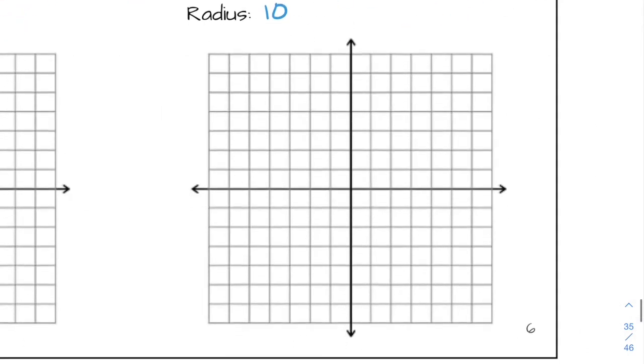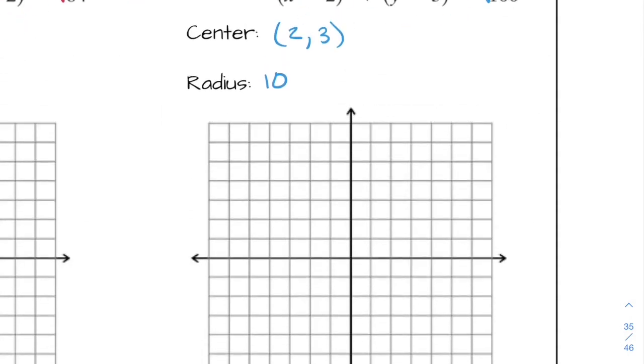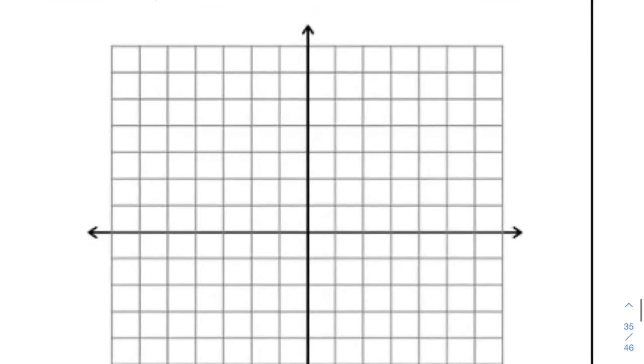For both of these, I'm going to count by 2's because I think I'll be able to fit a radius of 10, because that will really go 5 units. Well, 5 blocks, right? So (2, 3): 2, 4, 6, 8, 10, 12, 14, and 2, 4, 6, 8, 10, 12, 14, -2, -4.